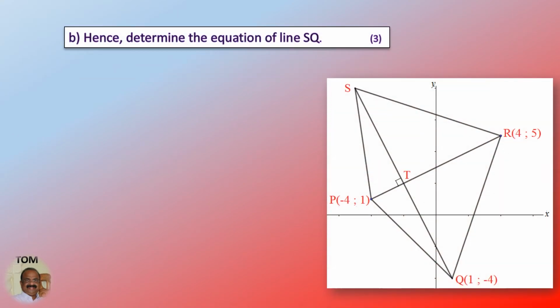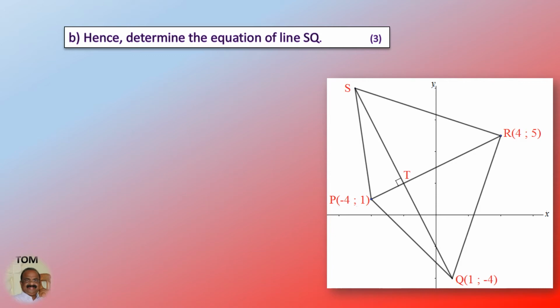Hence, determine the equation of line SQ. Hence, meaning we will use the previous answer for this. SQ, we have Q available, but no other information. We don't have the gradient of SQ, but we can calculate the gradient of SQ using the gradient of PR.